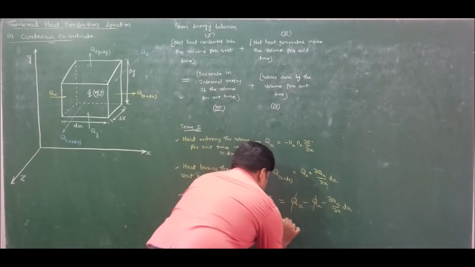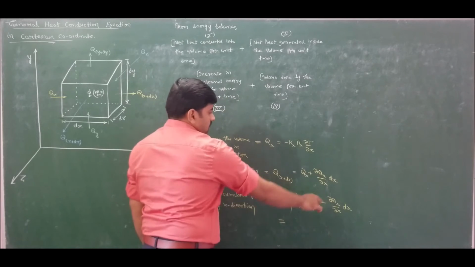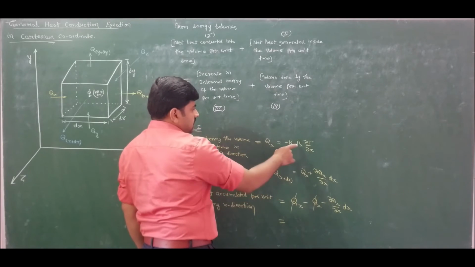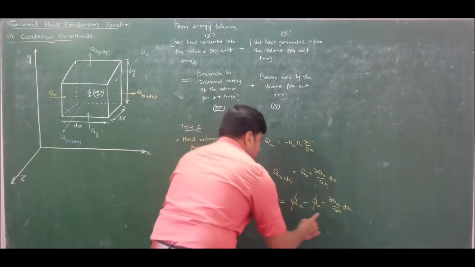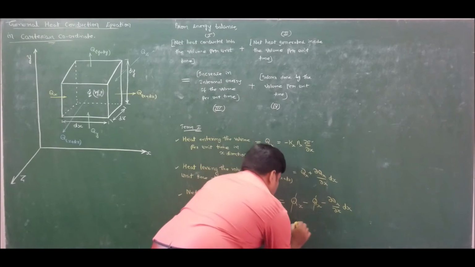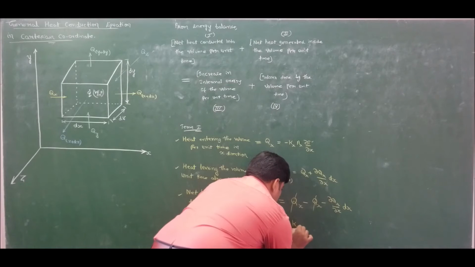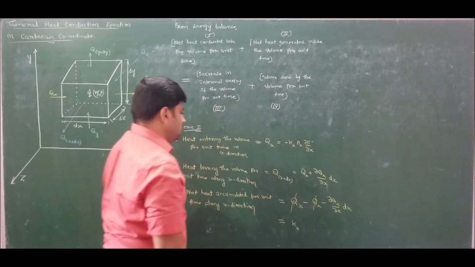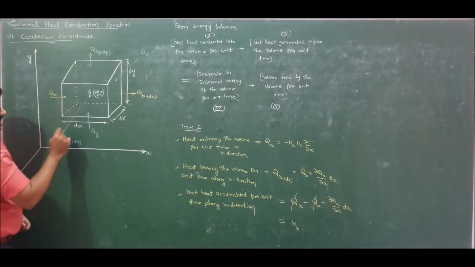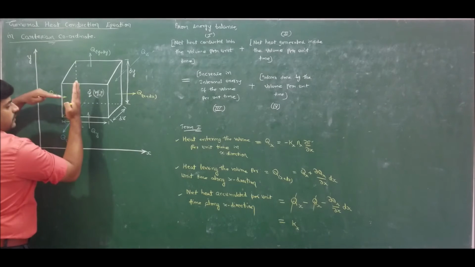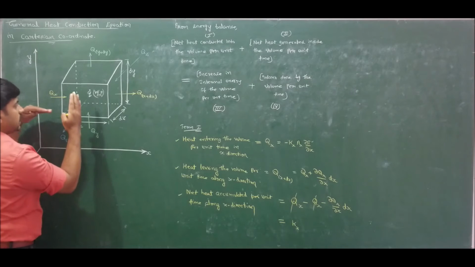So the net heat accumulated, substituting the value of qx as minus kx area along x direction dou T by dou x, minus of minus becomes plus, thermal conductivity along x direction. Coming to area along x direction, I should take the area perpendicular to the direction of heat flow according to Fourier law of conduction.